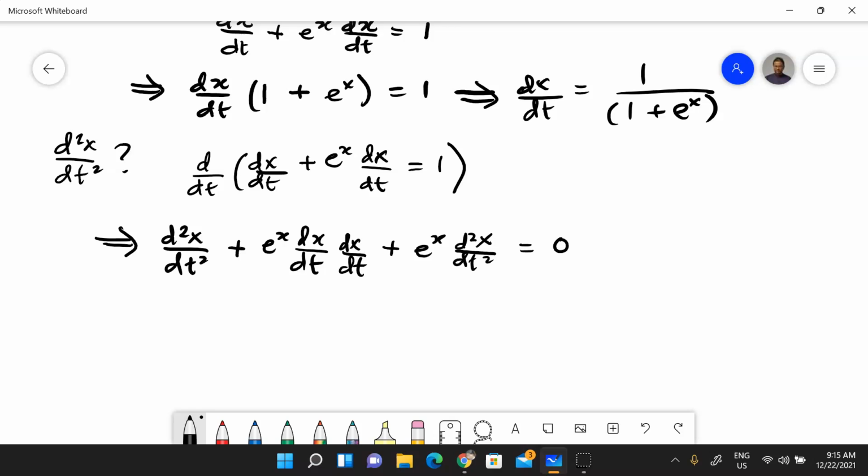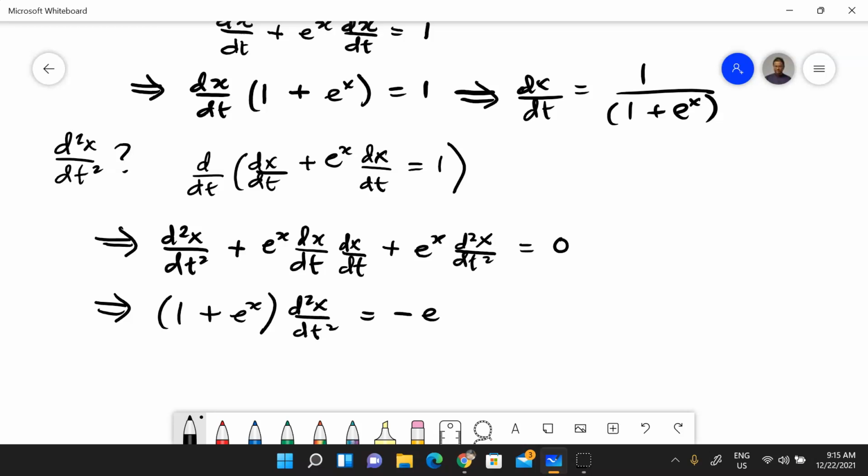So you can see now, I still need to simplify this. For example, here I would have 1 plus e to the x times d squared x/dt squared, and then I can bring the rest to the other side.